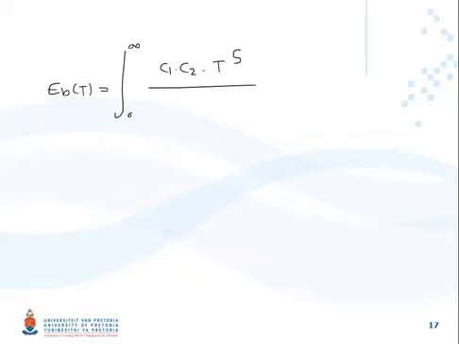Okay, so to continue, we will have E_b(T) equal to the integral from 0 to infinity of C1 C2 T^5 divided by C2 to the power of 5 T, x^3 over e^x minus 1 dx.